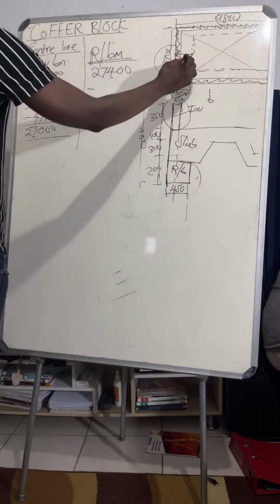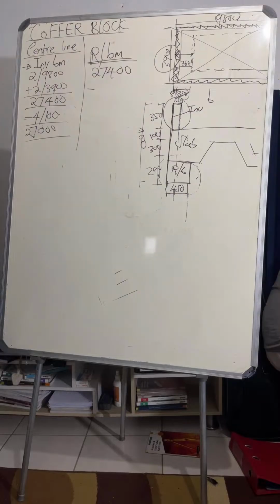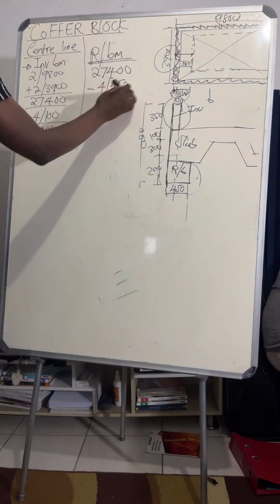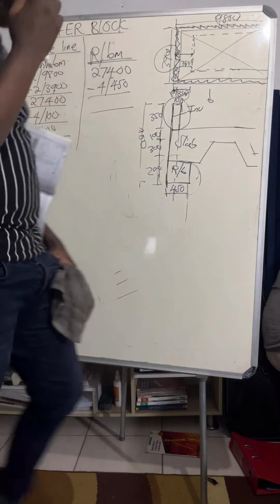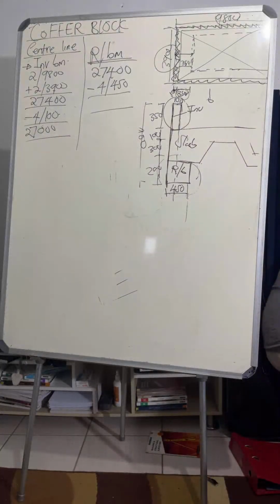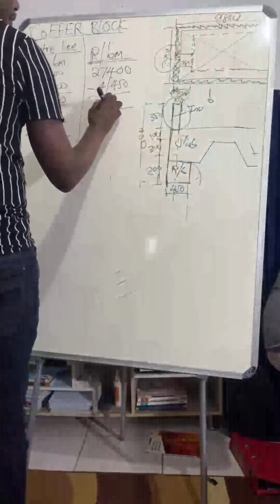The 350 is the space from here to here. So now we're going to say 4 minus 450. What is the answer? 25,600.